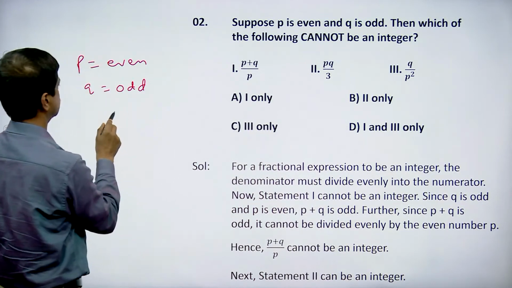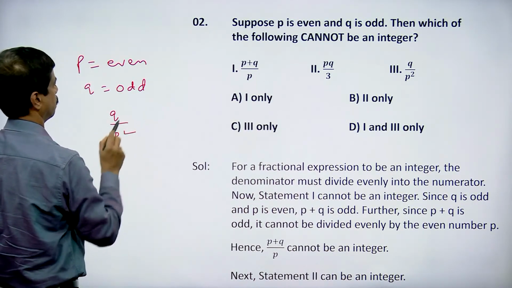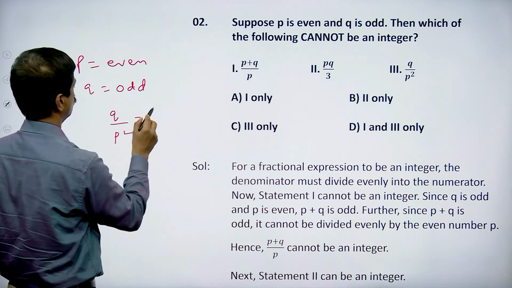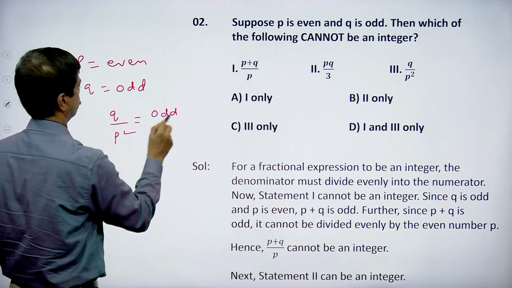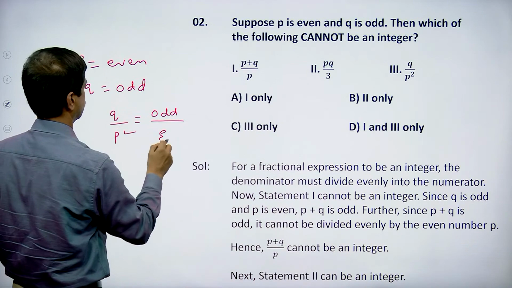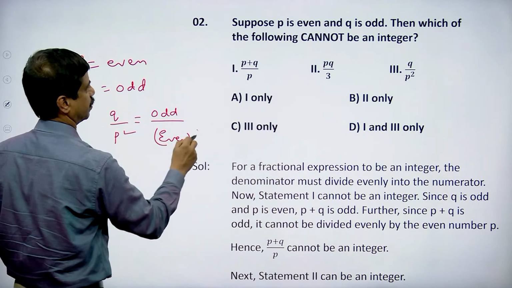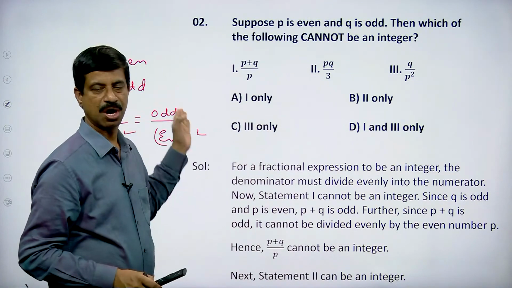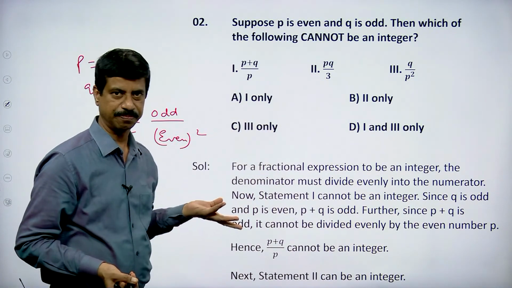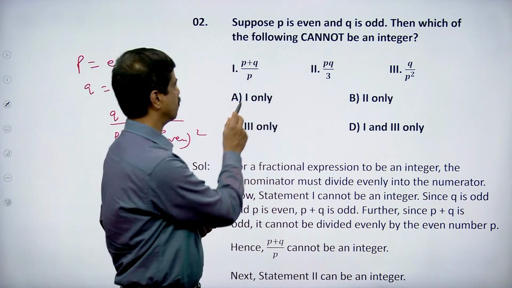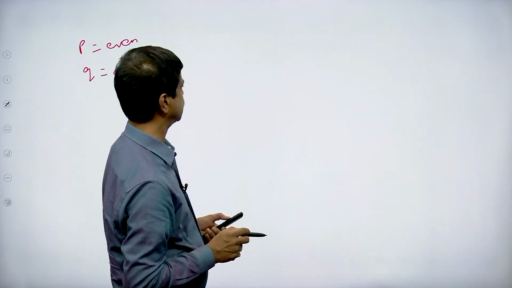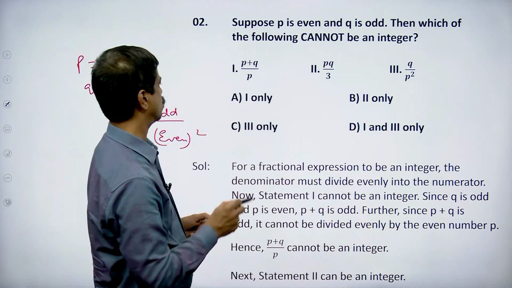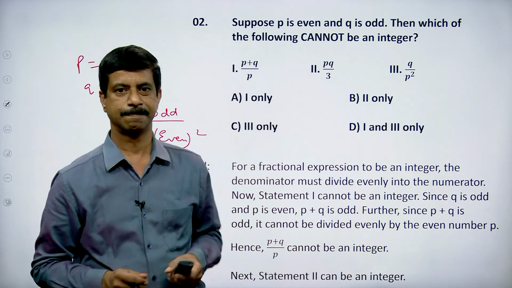Q means odd, by P square, even square. So definitely this cannot be an integer, because even square is even, and odd by even is not an integer. Therefore, only one satisfies, children, only one satisfies. So please note it, quick.